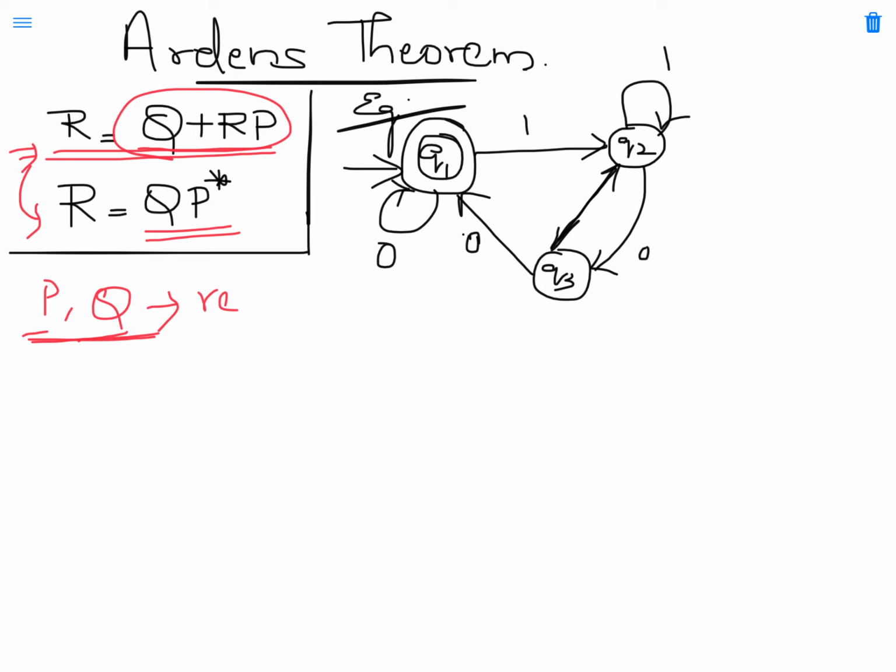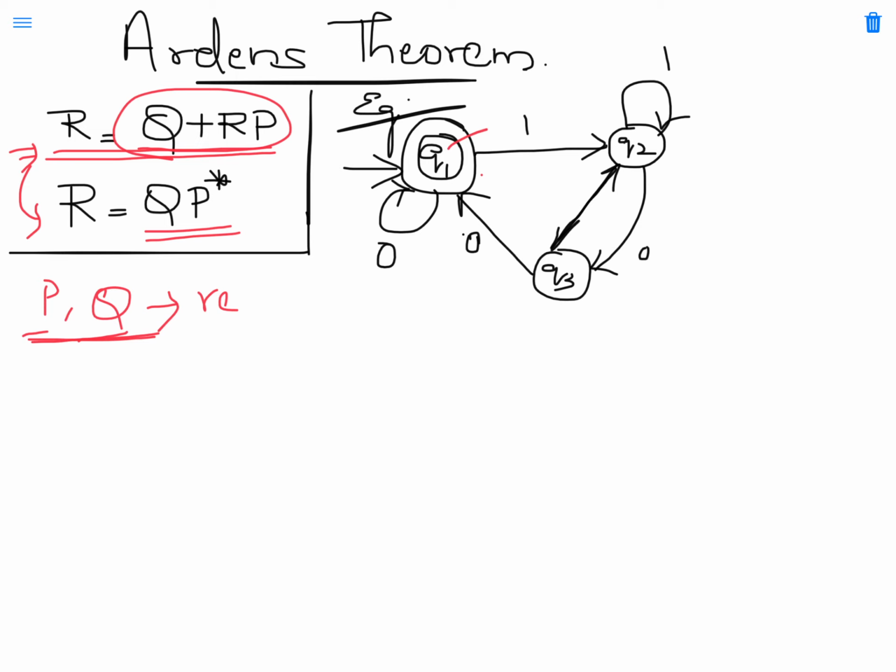So what you have to do is consider the state q1 first. Consider the state q1, and you need to derive some equation for the state q1. In order to derive the equation for the state q1, you have to identify the in transitions, that is the input transitions to the state.